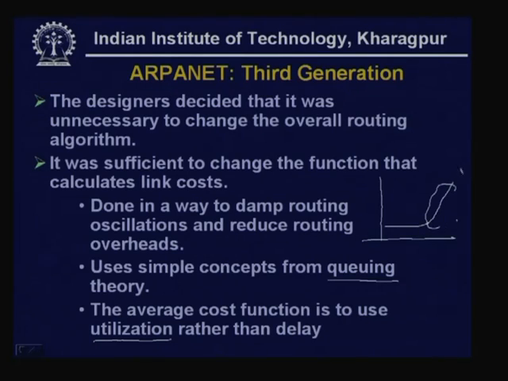Here, for example, say utilization is 1, normalized 100%. Whenever it goes in this region, it switches, based on utilization, to link state routing, and as a consequence there was significant improvement in performance.